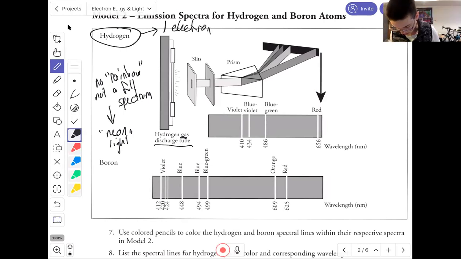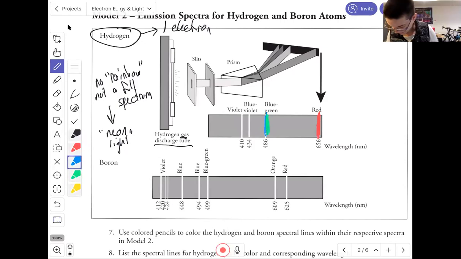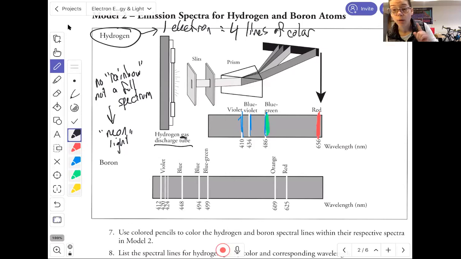And out of that 1 electron, I see a red line, a blue-green, a blue-violet, and a violet line. So I see 1 electron. I get 4 lines of color. Off of that 1 single electron is able to do this.